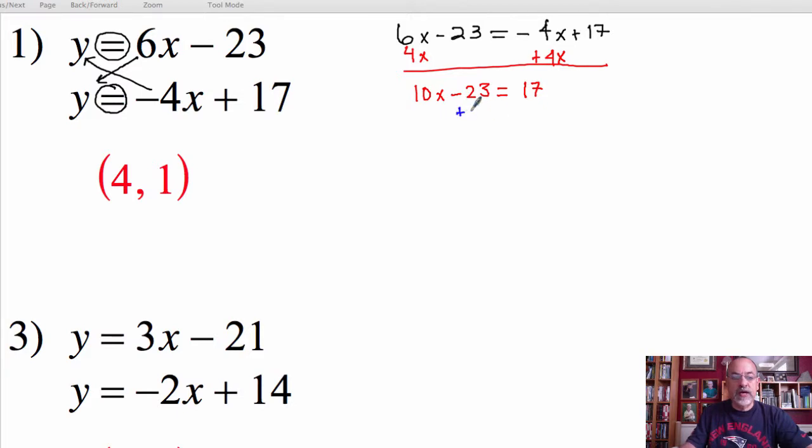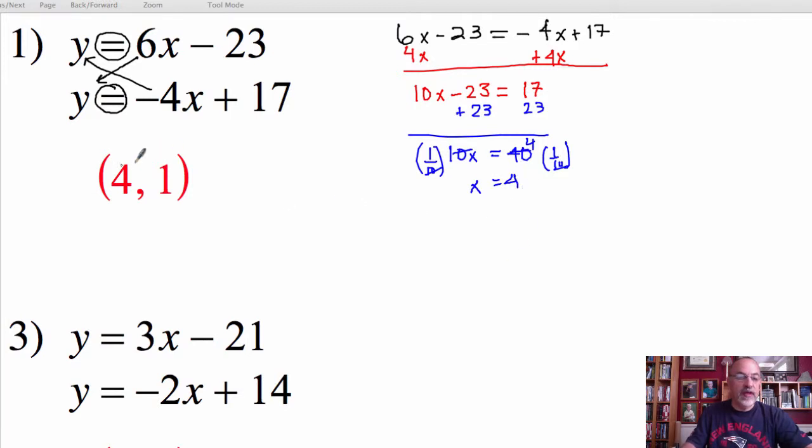I then want to go ahead and get the 23 on the other side so I can have the x by itself. So that's going to give me 10x. 23 and negative 23 is 0. Bring down my equal sign, and this is going to be 40. And then dividing by 10, which again we've talked about as multiplying by a tenth, that's going to give me a 4.